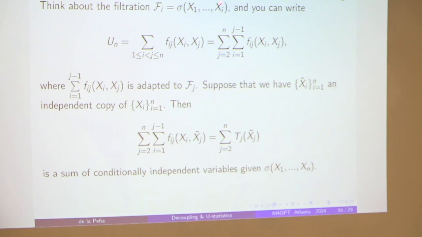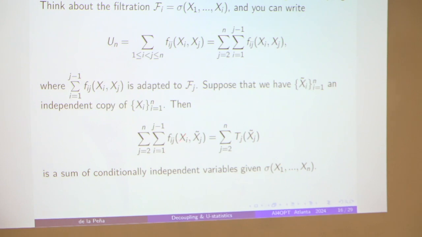So anyways, the inner sum gives you the regular variables which are dependent as j changes, and this is a sequence of conditionally independent variables once I replace xj by xj tilde. To see that, if I call this t_j, it's a function of the xj tildes if you condition on the x's.